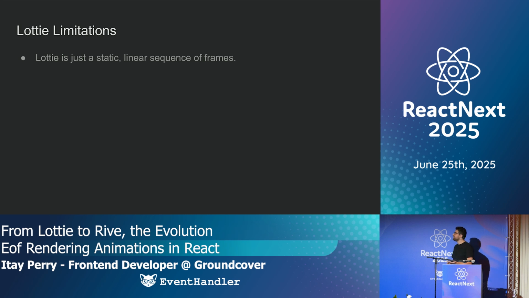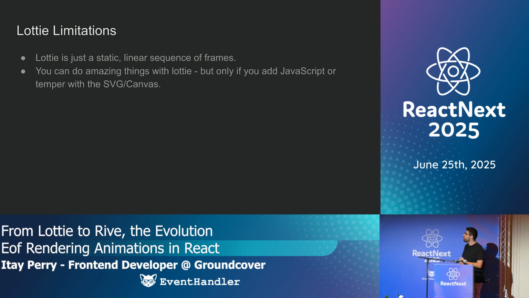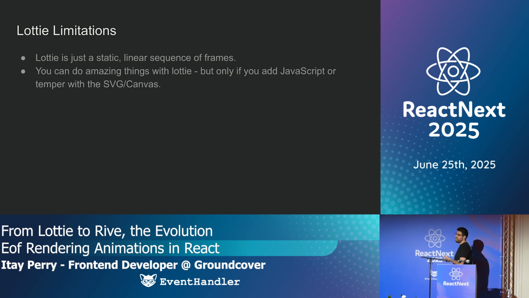You can play it forwards, backwards, faster, slower, but there's not too much you can do. And if you want to do more than that, you're going to have to add JavaScript. You're going to have to edit the animations yourselves, like the SVG or the canvas, or maybe use Lottie libraries, or even write scripts in After Effects, which is less common.